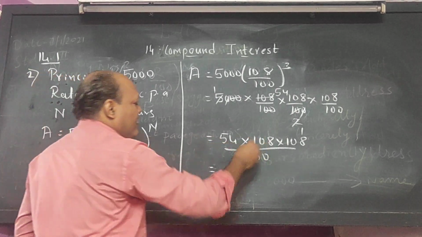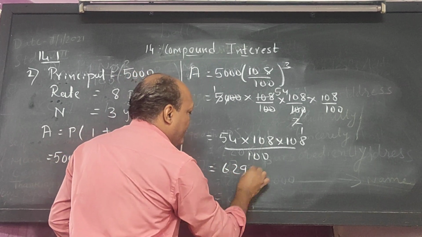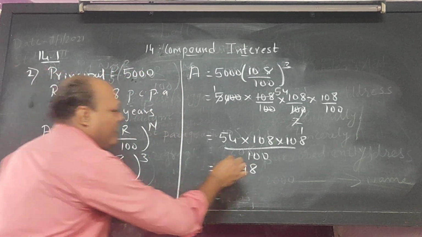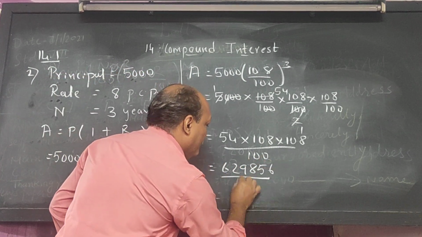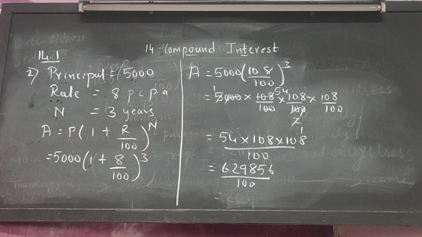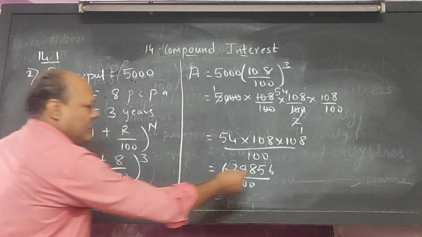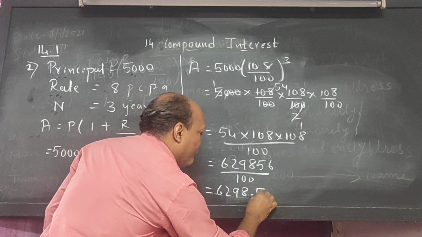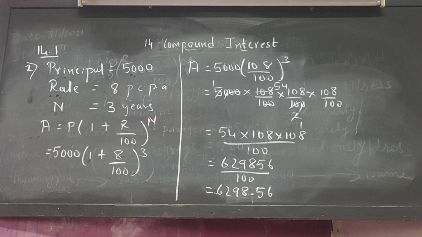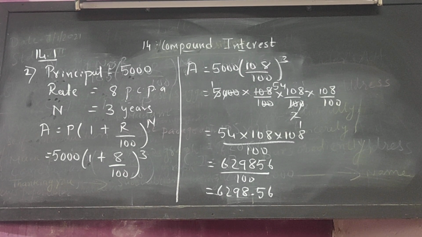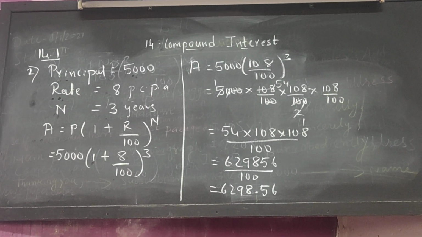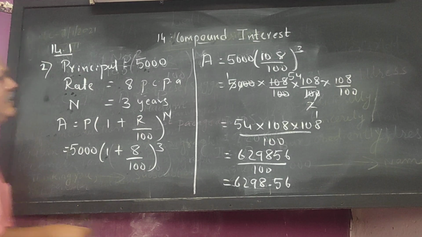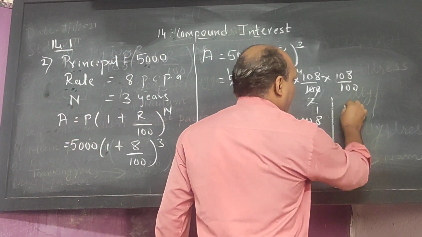Just multiply. You will get 629856 upon 100. Upon 100 means you have to put the decimal after two numbers. So the final answer will be 6298.56. This will be your amount. You got the amount. Now what do you have to find? Compound interest. The formula to find the compound interest I already explained to you.